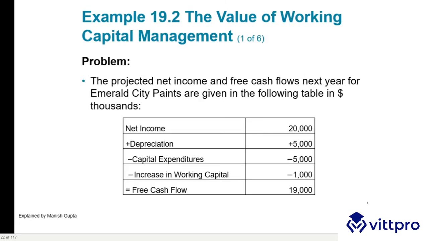So let's look at this example. This is the projected income and the free cash flows next year for a company, in thousands. There is a net income, then depreciation, capital expenditure, and then minus the increase in working capital, right? That way we are getting a free cash flow of $19,000.